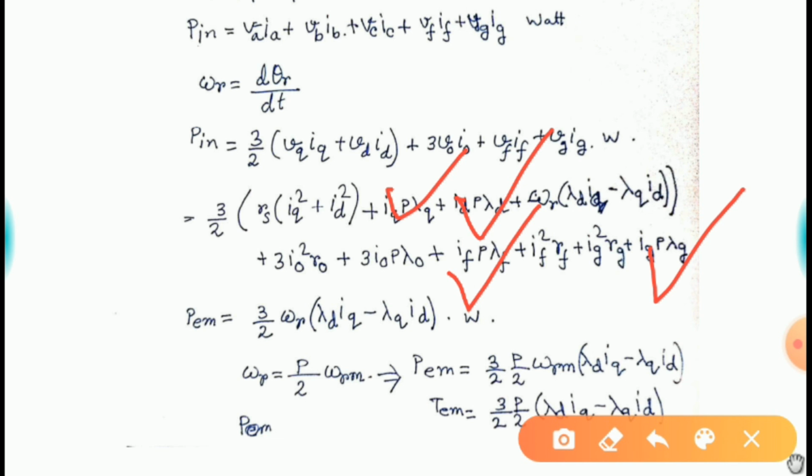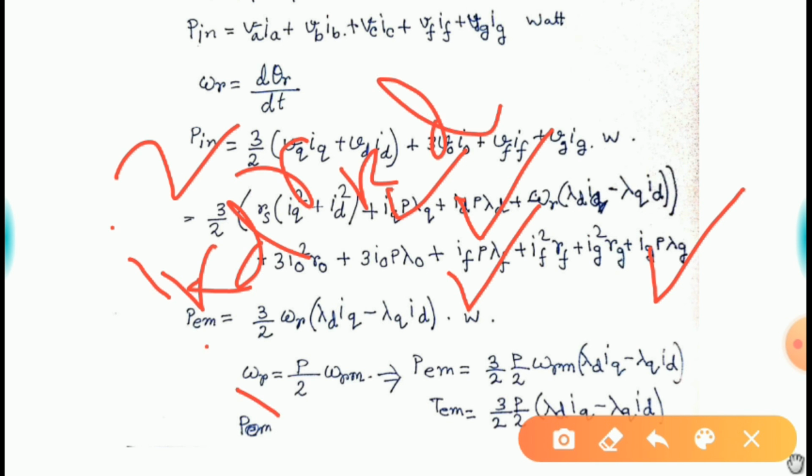This consumed power must be taken care of by somebody somewhere, and then you try to think about that term IKD square RKD and IKQ square RKQ, right?